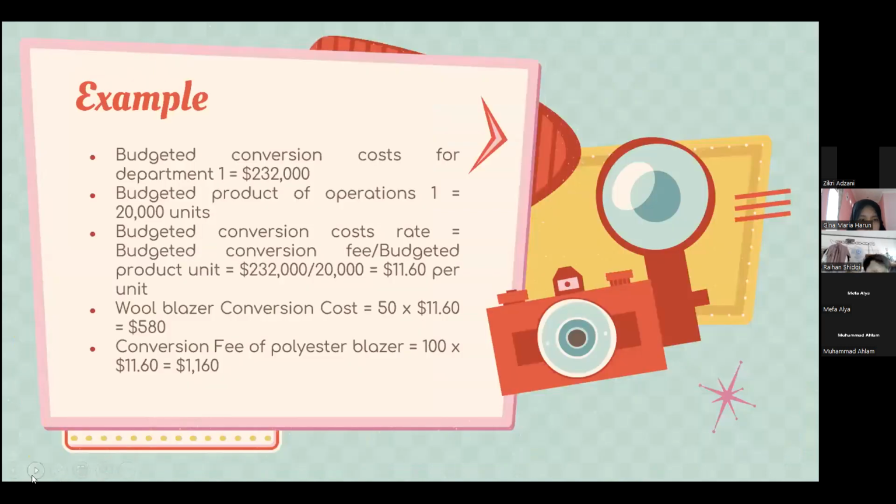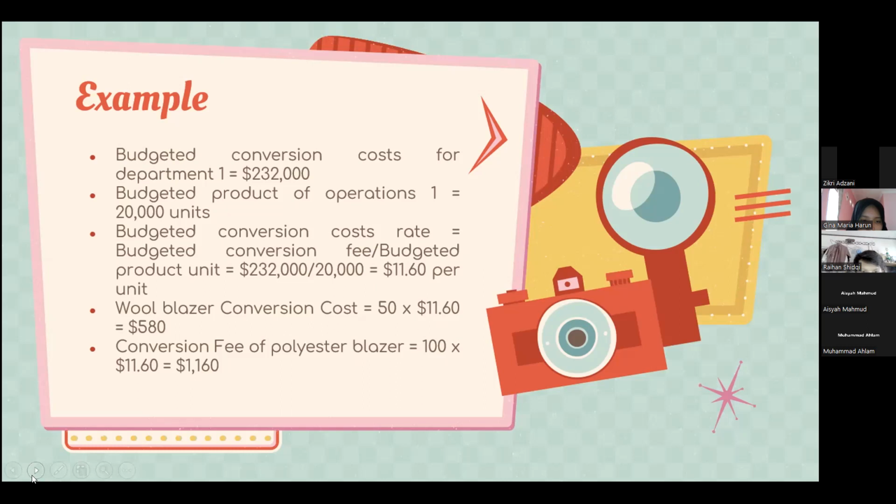Okay, for the next example, the budgeted conversion cost for department 1 is $232,000, and budgeted production of operation 1 is 20,000 units. The budgeted conversion cost rate is budgeted conversion cost divided by budgeted production units.